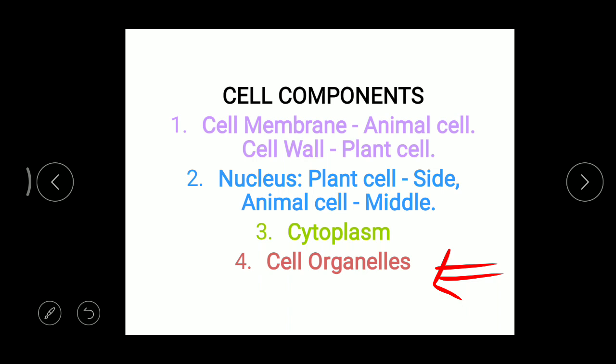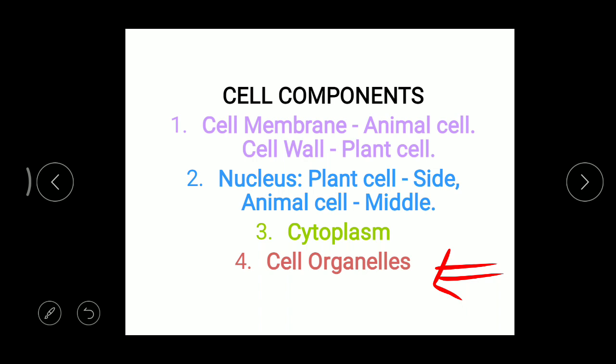Cell organelles means, inside our body we can find many parts like heart, lungs, liver, stomach, kidneys. In the same way, inside the cell also we can find many parts, and we call these parts cell organelles. We are going to discuss these cell organelles in 9th class.